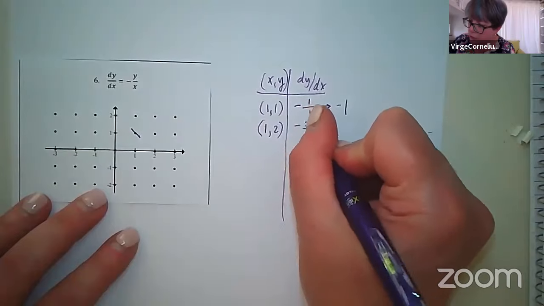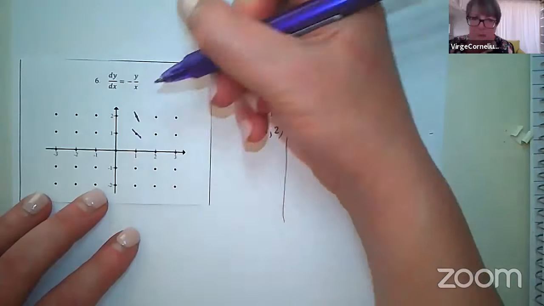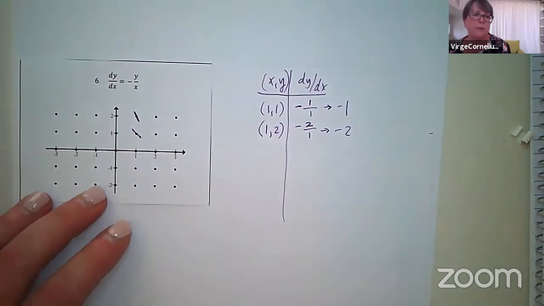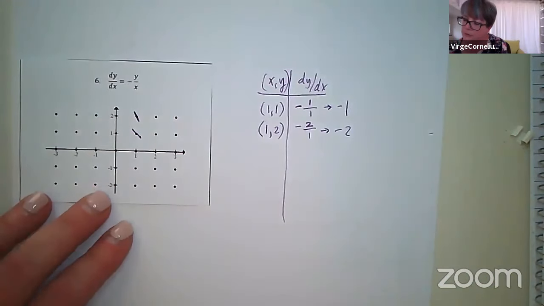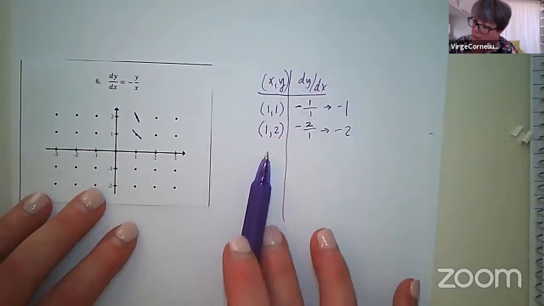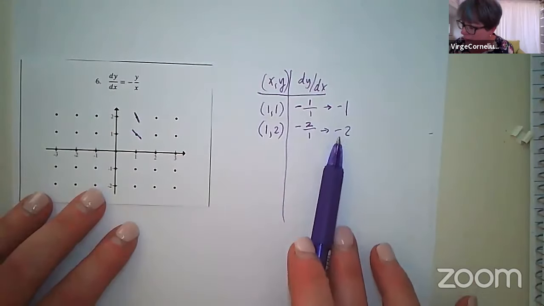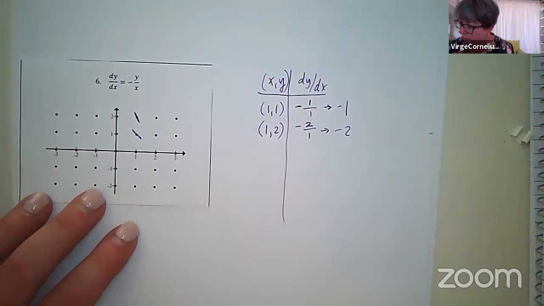Negative 2 divided by 1 is negative 2. So a little bit steeper there, but still a negative slope. Up 2 over 1. It's giving me some ideas. Are there any other places where I might have a slope of either negative 1 or negative 2, I wonder?